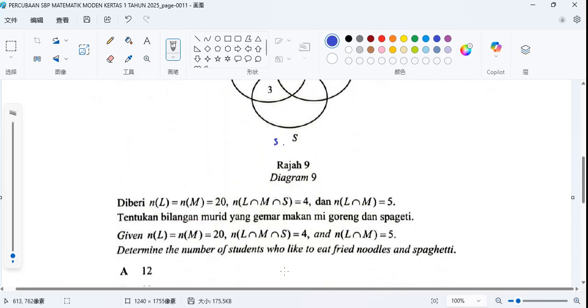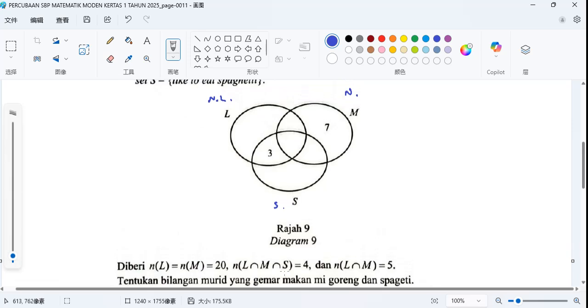Okay. And n(L) is 20, n(N) is 20. The intersection of the three sets is 4. The intersection of L with M is 5. So this is 1. So 5 minus 4 equals 1.